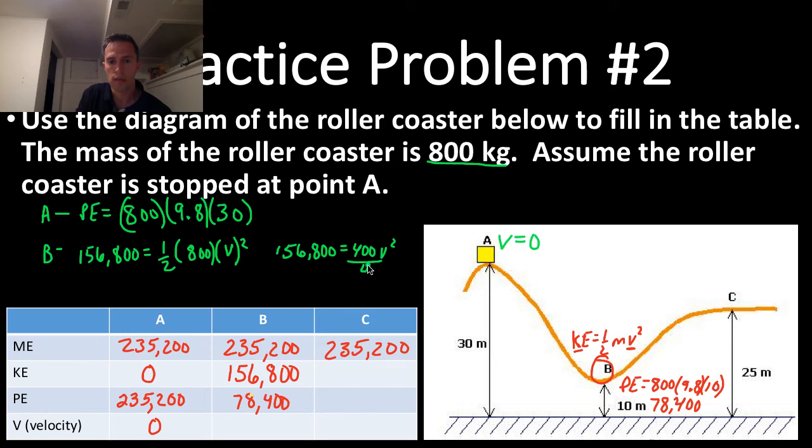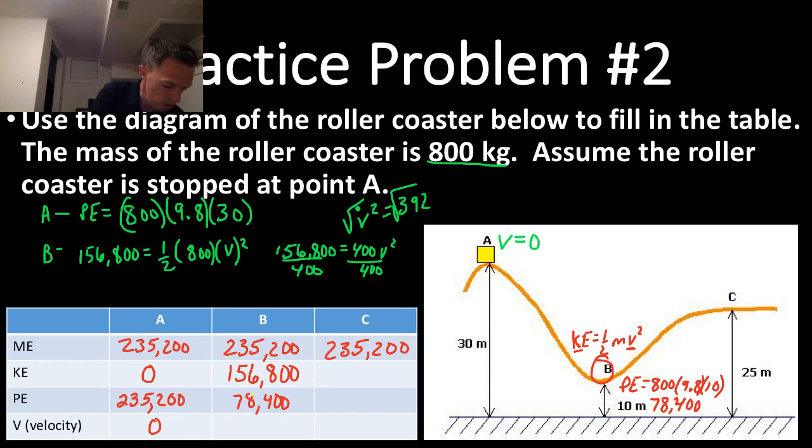Divide both sides by 400. Okay, so divide by 400, I get 392. So v squared is equal to 392. To get rid of the square, we take the square root of both sides.